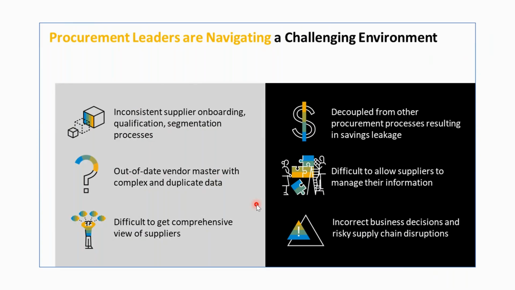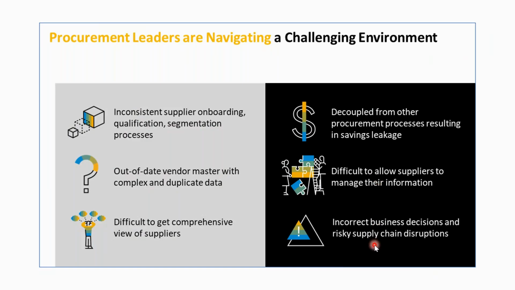Similarly, there is a lot of information which is not really related to your actual business, which leads to some risk, or supply chain disruption, due to incorrect business decisions.